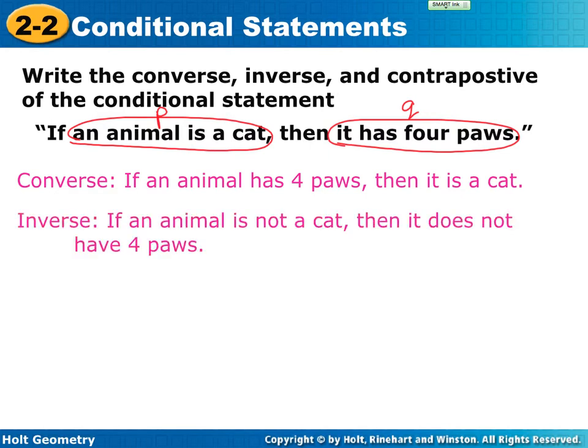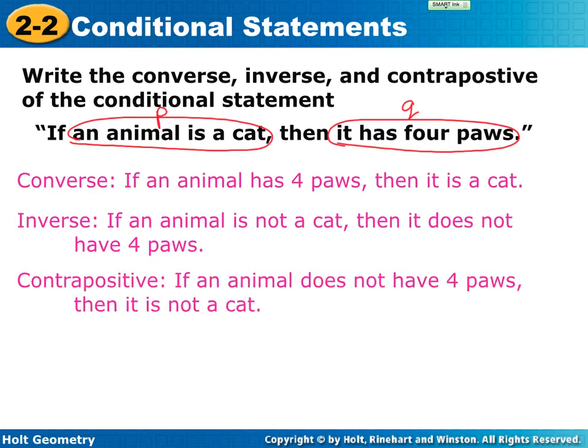If an animal is not a cat, then it does not have 4 paws. That's called the inverse. And then the contrapositive. If an animal does not have 4 paws, then it is not a cat. That's called the contrapositive.